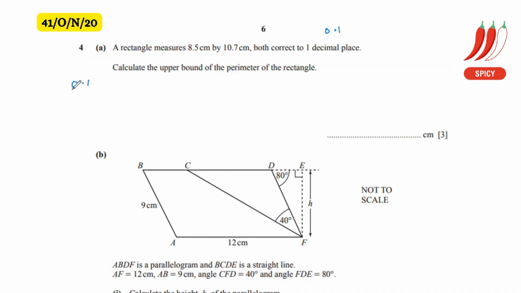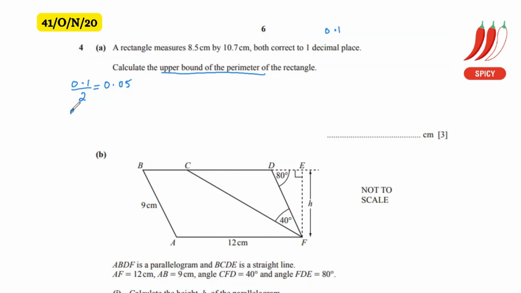So 0.1 divided by 2 is going to be 0.05. Now this measurement is added or subtracted to the given lengths to find the upper bound and the lower bound. So since we're talking about the upper bound of the perimeter, when you're trying to find the upper bound of an equation where things are being added, you use all the upper bound values.